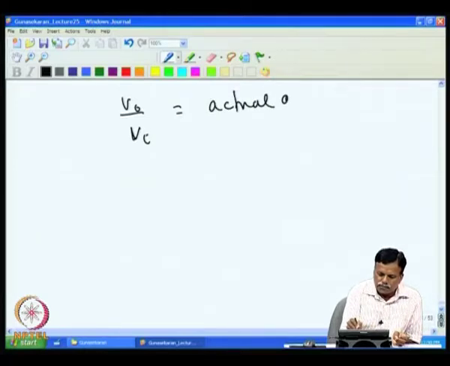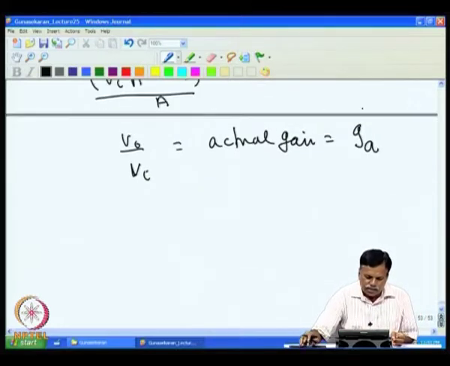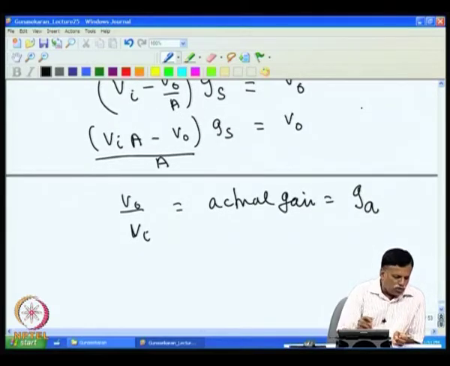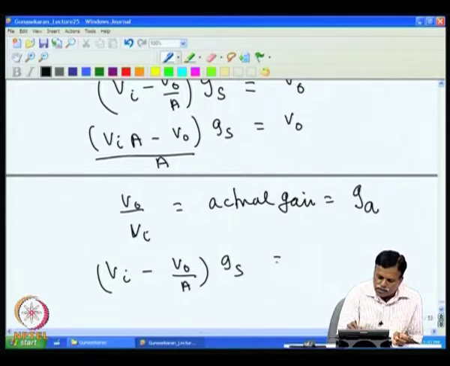So, if I simplify this equation, I can get (VI minus V0 by A) into Gs comes as V0.